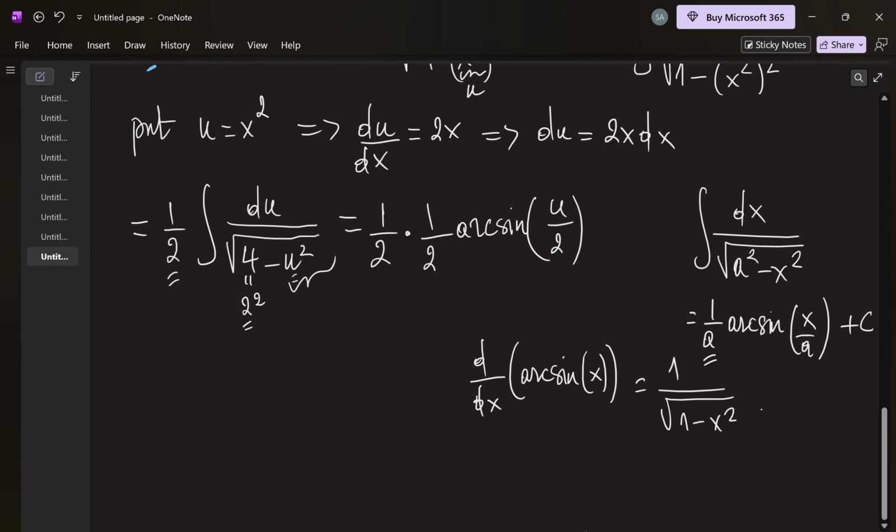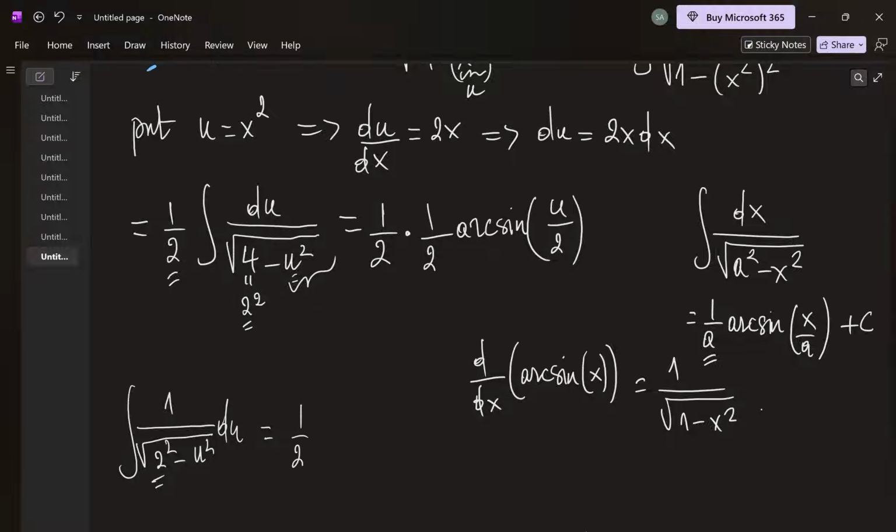Okay, so if you have something like this, 2 squared minus u squared, and you want its integration, you may take the 2 out as a factor.